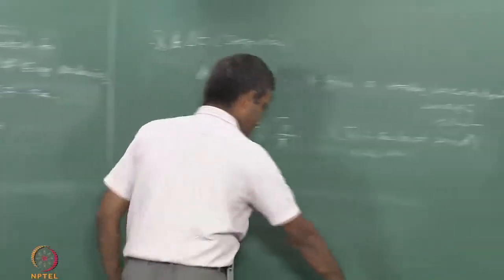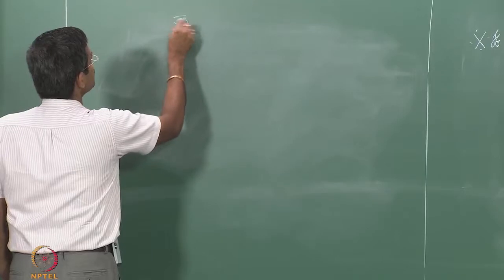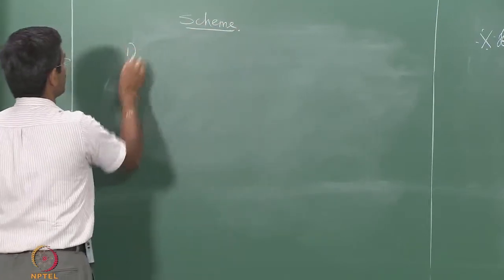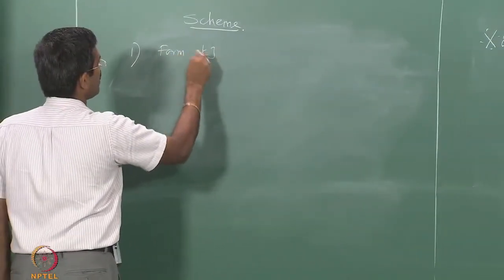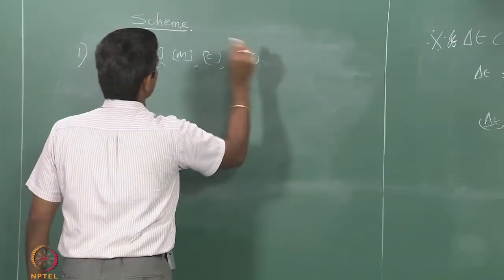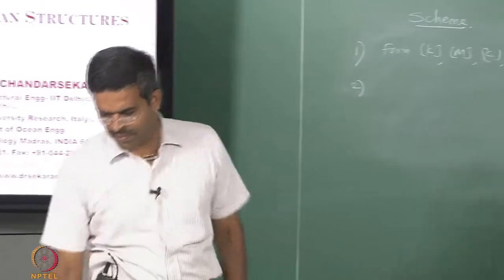So, he has given a scheme. The scheme is like this. Let me write down the scheme here. Step number 1, form the K, M and C matrix, and of course, f of t also, which is known to us for a given system.